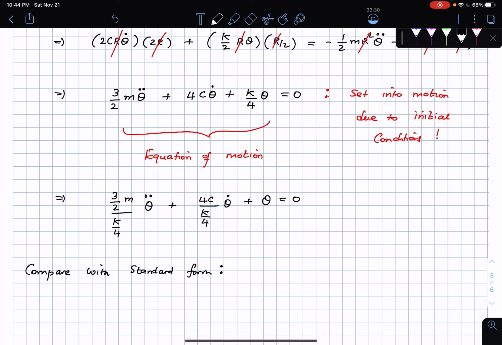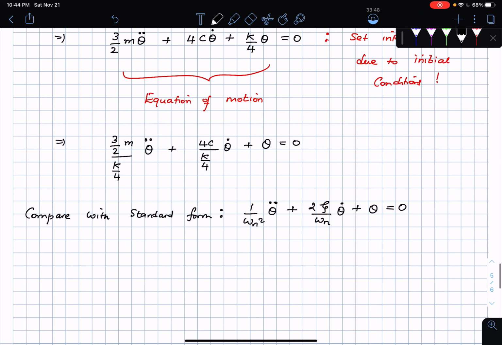What is the standard form? 1 by omega n square x double dot, or theta double dot, it doesn't matter what you call it. This is 1 by omega n square theta double dot plus 2 times zeta by omega n theta dot plus theta is equal to 0.